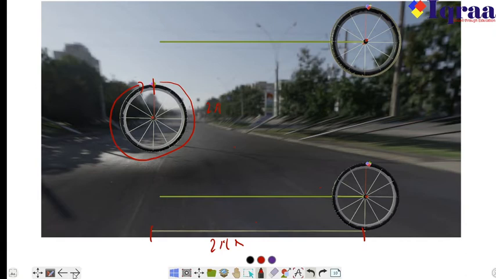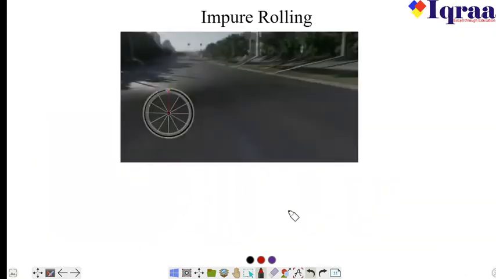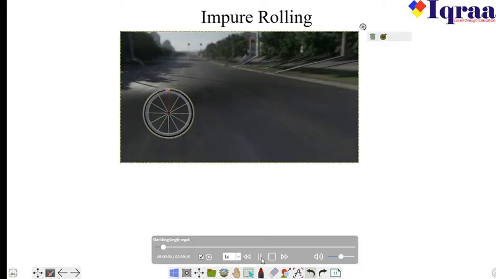Next, consider the example of impure rolling. In real life, when we suddenly apply the brake to a vehicle, the wheel of the vehicle starts skidding. In this case, the wheel is translating with the same velocity, but the rotation of the wheel slows down.